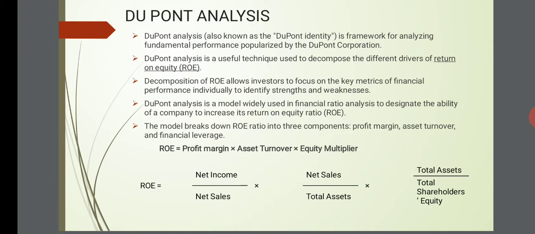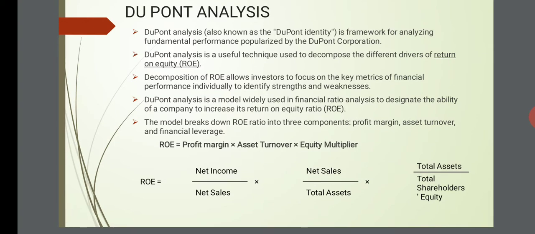So ROE, return on equity, is the multiplication of profit margin into asset turnover into equity multiplier. If you look into this equation, ROE is equal to net income upon net sales, into net sales divided by total assets, into total assets divided by total shareholders equity.